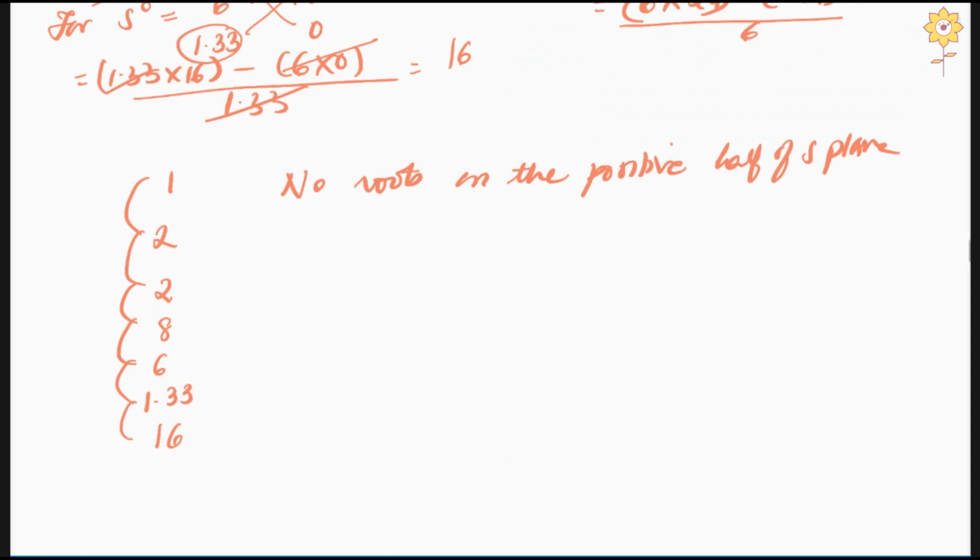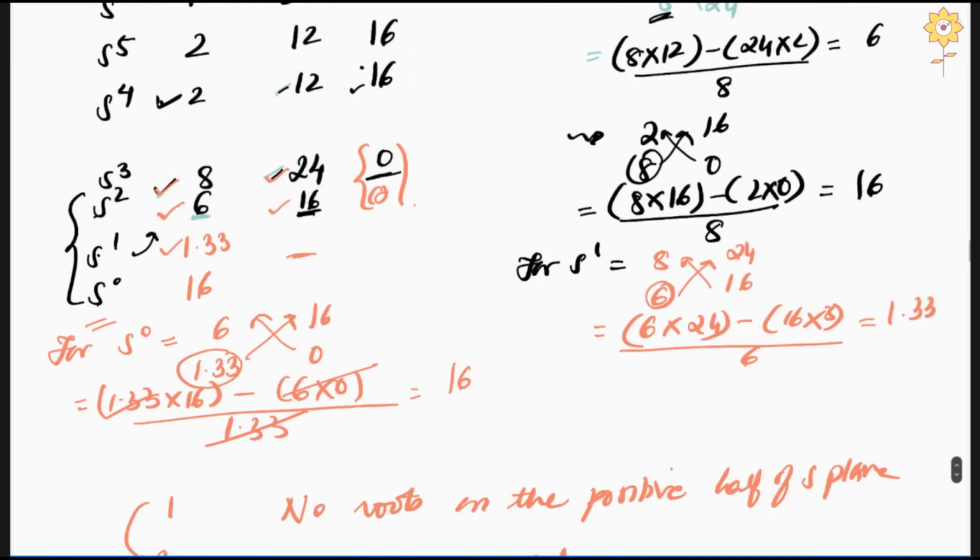Okay. So, since we saw that there is a 0 row present, okay, there is a 0 row present. When we calculated, we saw that here S3 was 0, 0, right. Because of that, we found an auxiliary equation and updated S3.